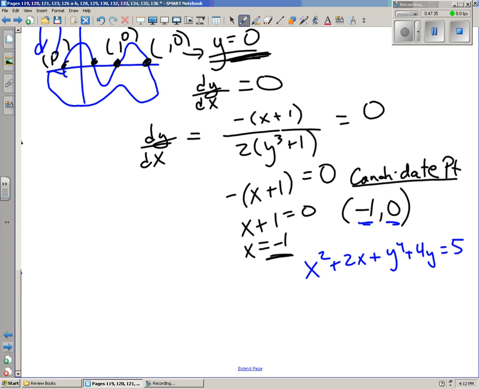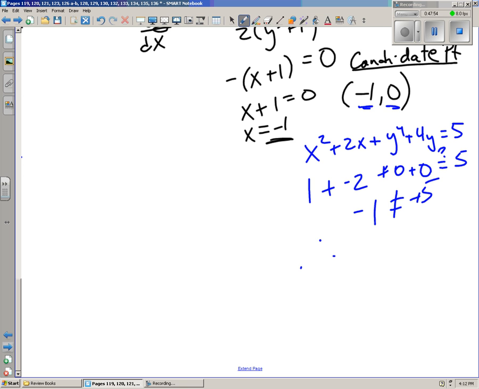And would this point be on the curve? Well, let's see. Negative 1 squared is 1. Plus 2 times negative 1 is negative 2. The y's go away. Does that equal 5? Well, the answer is no. Negative 1 does not equal 5. It's positive 5. Sorry. So the conclusion here is that negative 1, 0 is not on the curve.